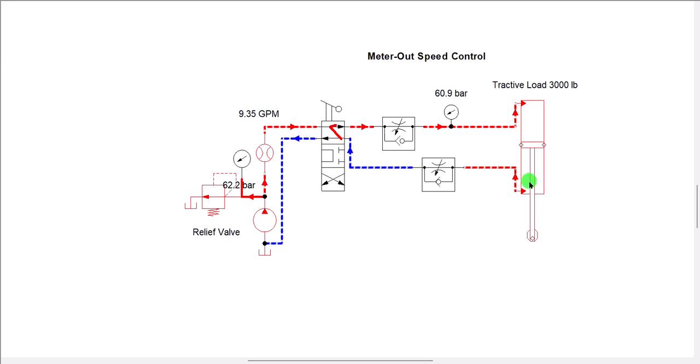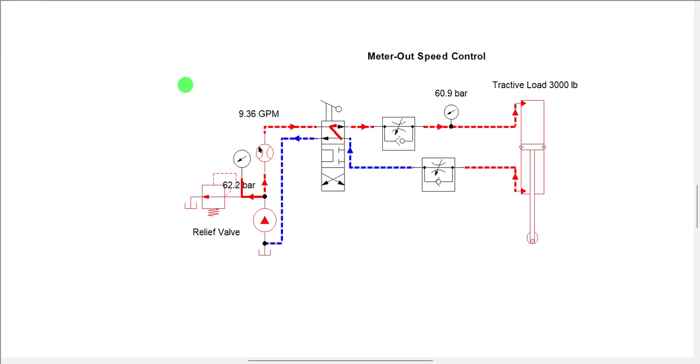So in this type of connection, both pump pressure and gravity pull down on the piston just like before, but the two forces literally have to work hard to get the fluid under the piston out before they can come down. This restriction doesn't allow the piston to descend too fast or create any vacuum above the piston. So that's why meter out connections are always better when you move a vertical or tractive load.